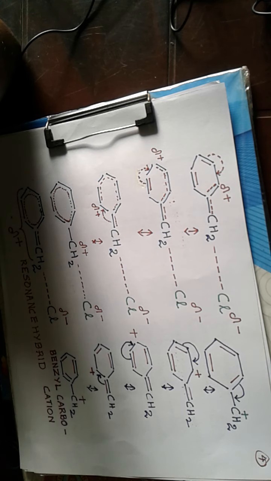So when the bond is gradually getting stretched, the magnitude of positive charge over the alpha carbon increases, and during stretching the potential energy increases. But as the magnitude of positive charge over the alpha carbon increases, the extent of resonance increases, and as the extent of resonance increases, the potential energy decreases.